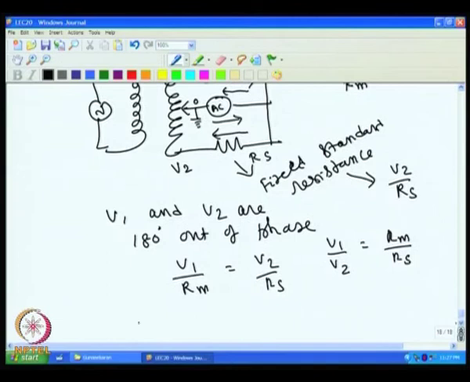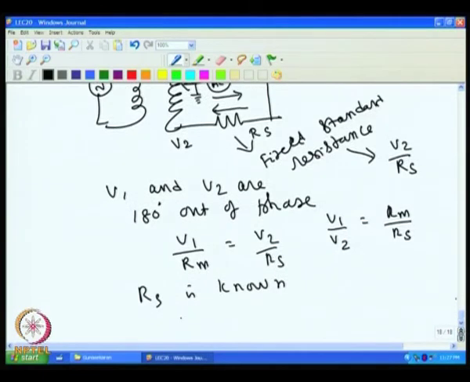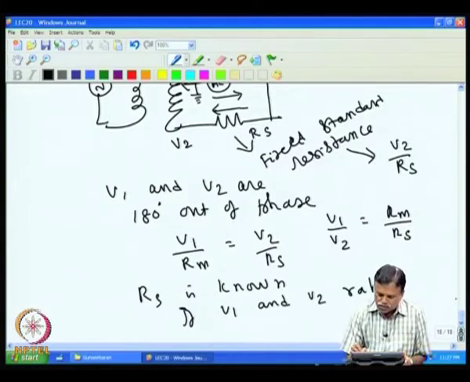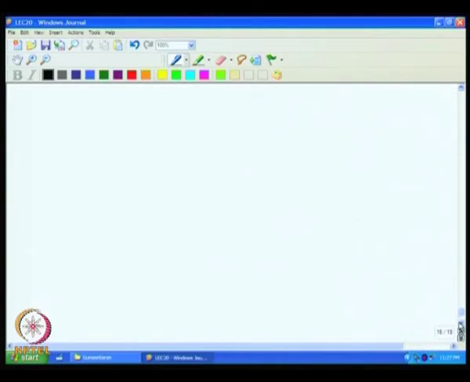If the V1 to V2 ratio is known, then the unknown resistance can be calculated.